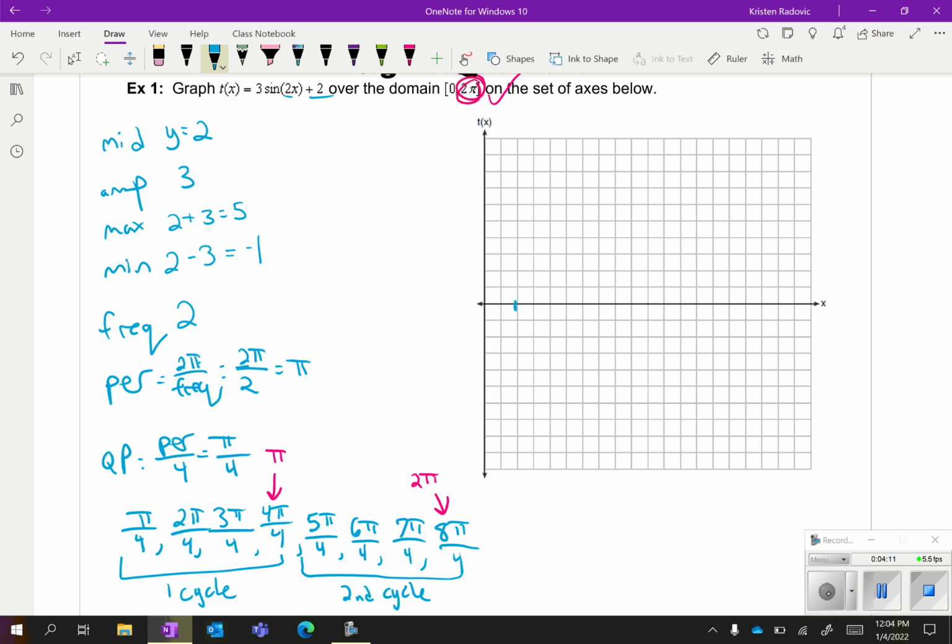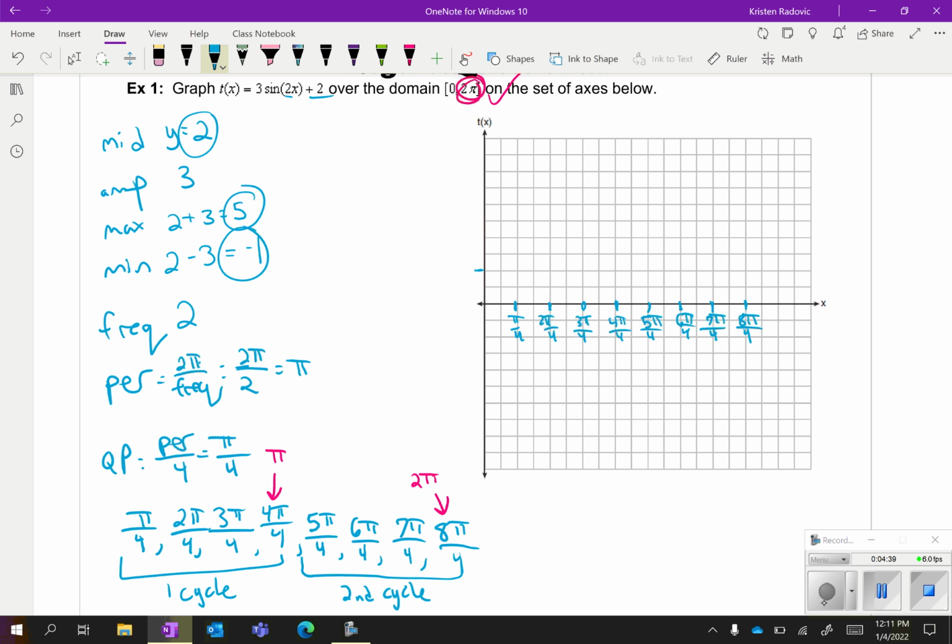I'm going to count every 2 boxes because I don't want to be too squished in. There we go. If you need to pause the video to make sure you can label everything, then do so. Along your y-axis, you're going to want 3 main points. That's your midline, your maximum, and your minimum.